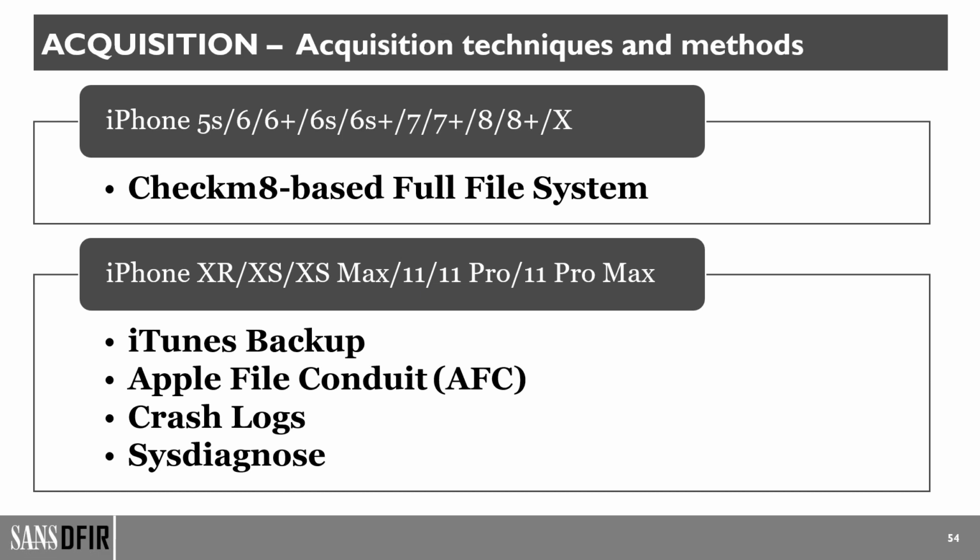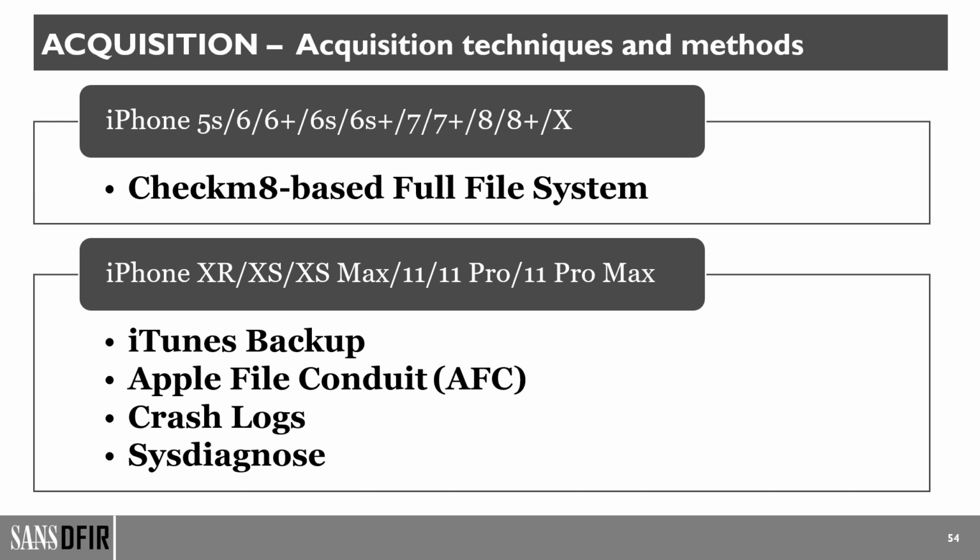These ones can be done without the need of any jailbreak, any action to become root in some sense. So you can do these things directly on the phone by interacting with the phone. You can create an iTunes backup. You can interact with the phone with the AFC protocol. You can extract crash logs.